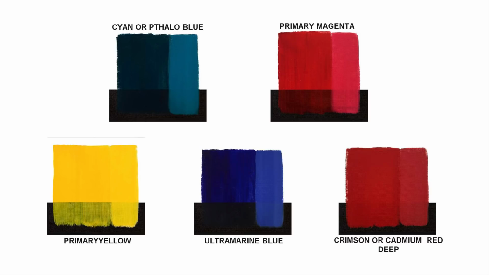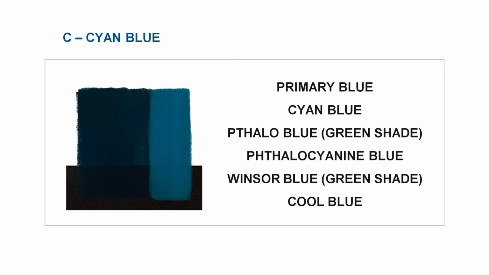There are many brands in the market and manufacturers don't seem to make our life easier when it comes to naming those colors. There isn't a standard to name colors across all the brands, and these color names will vary from one make to another. So the most common names are, for cyan blue: primary blue, cyan blue, phthalo blue green shade, phthalo cyanine blue, Windsor blue green shade, and cool blue.